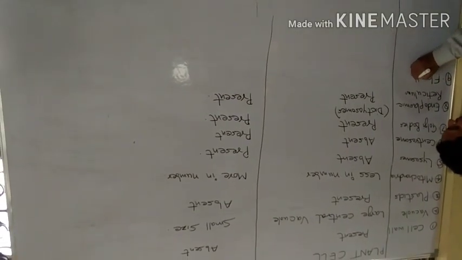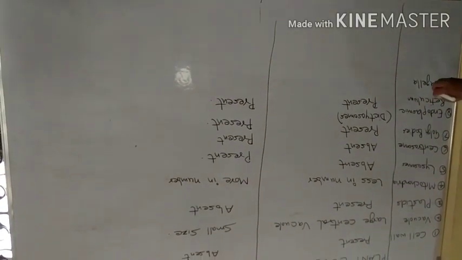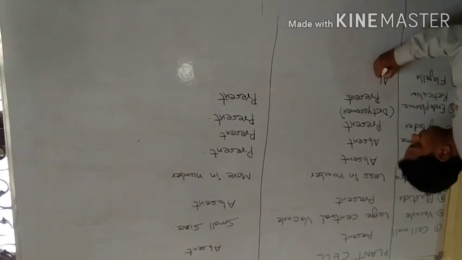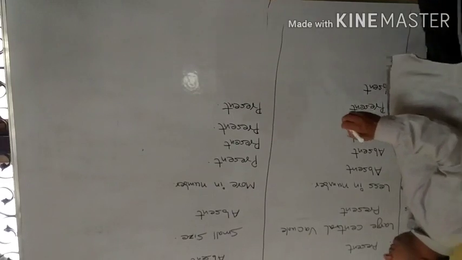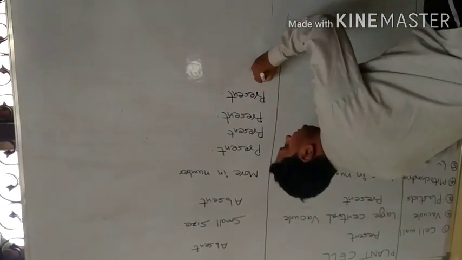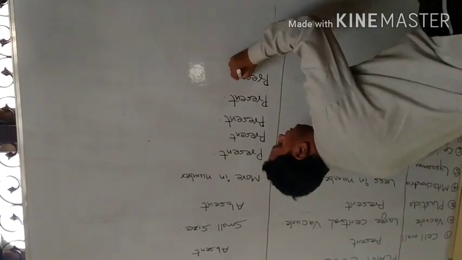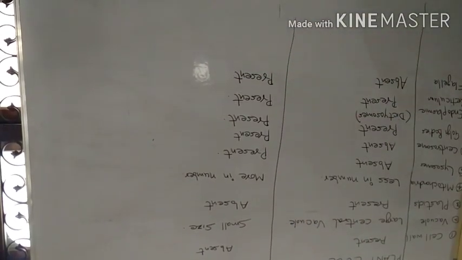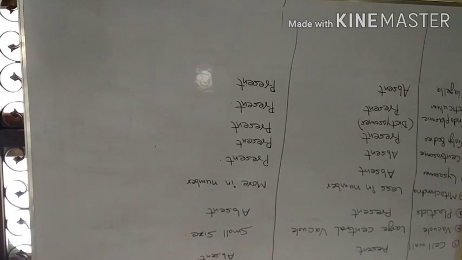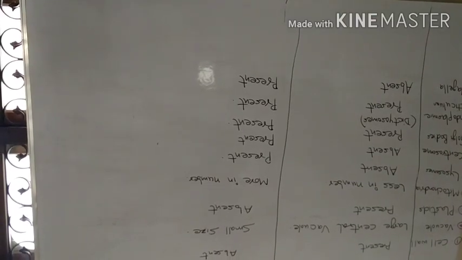In plant cell, this flagella is absent. But in animal cell, present. So flagella is also clear to everybody.